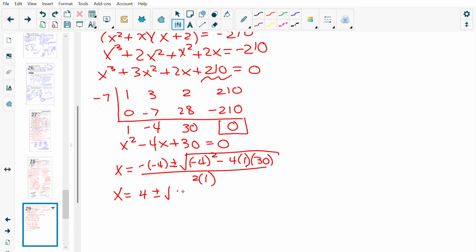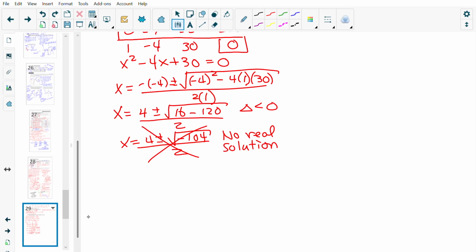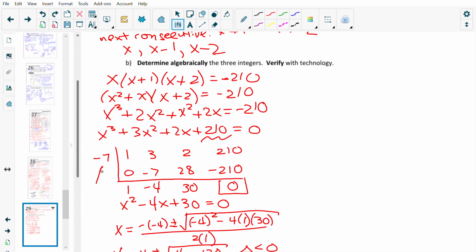Okay, I got x equals positive 4 plus or minus the square root of 16 minus 120, over 2. Uh-oh. Discriminant is less than 0. What happens? There's a solution, but it's a non-real solution, so I'm going to ignore that.